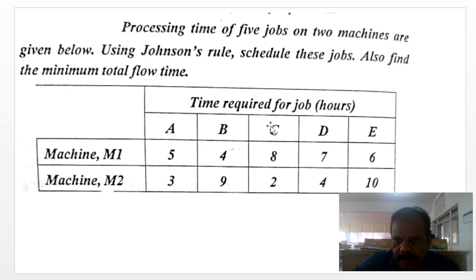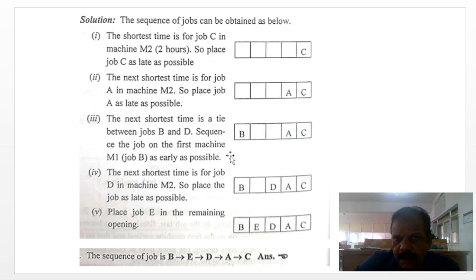As job C has the least processing time, on machine 2, if the minimum time comes for machine 2, it will be written at the right end of the line, and if the least number comes for machine 1, we write it in the first box on the left of the sequence.